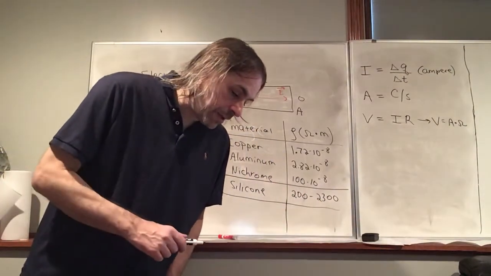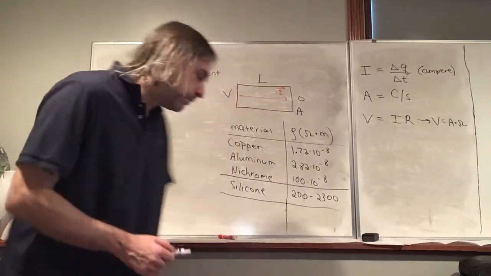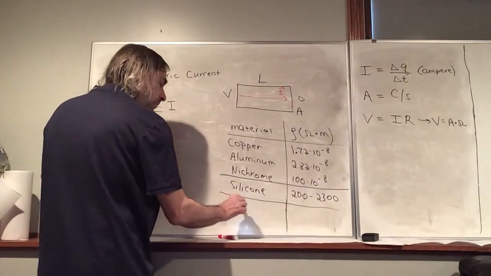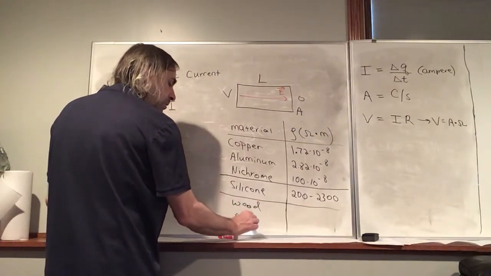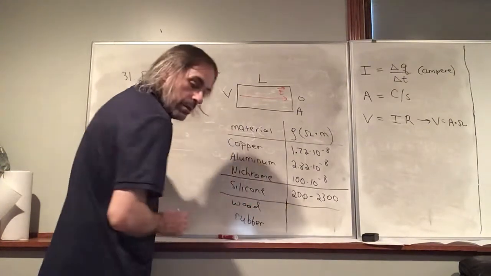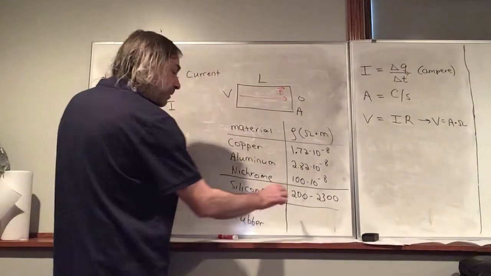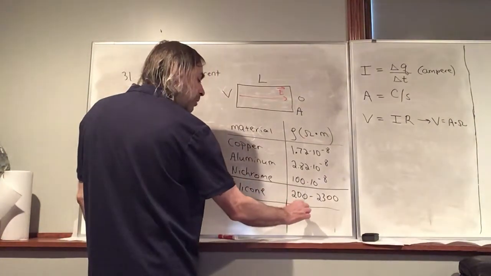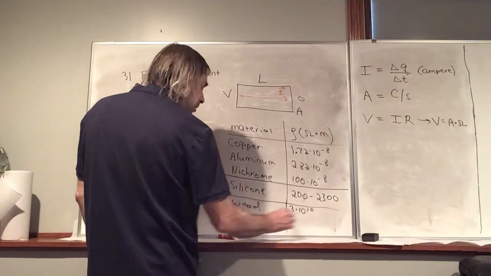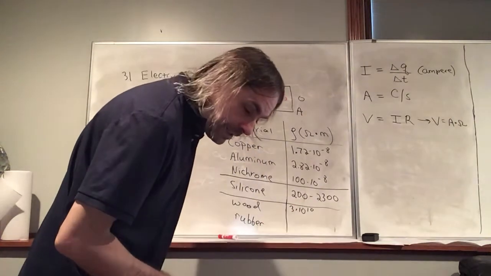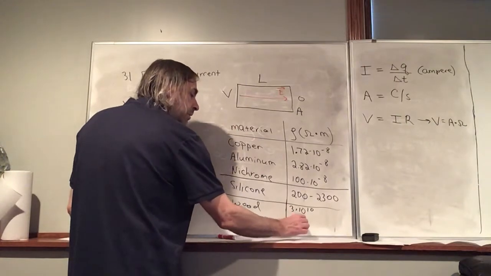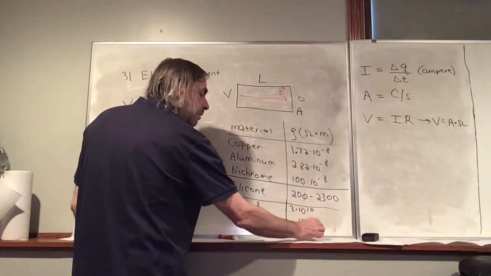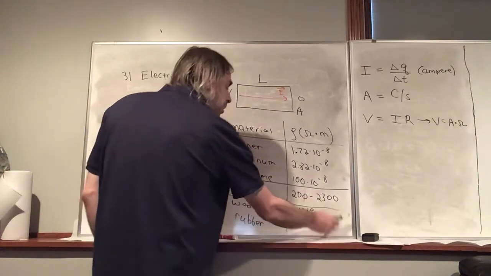And then let's look at wood and rubber. So wood, it says maple, 3 times 10 to the 10th power. And rubber, this is 10 to the 13th to 10 to the 16th. That depends on what type of rubber we're talking about.